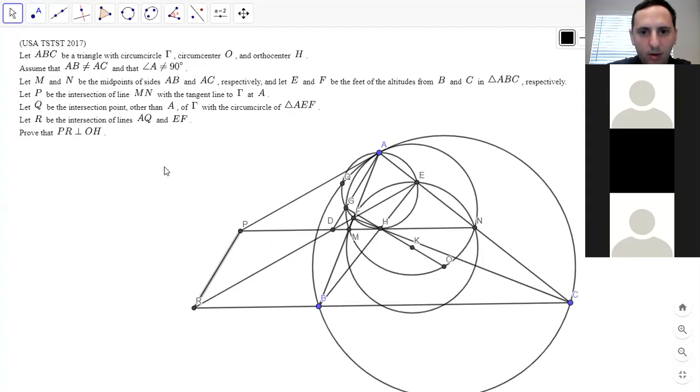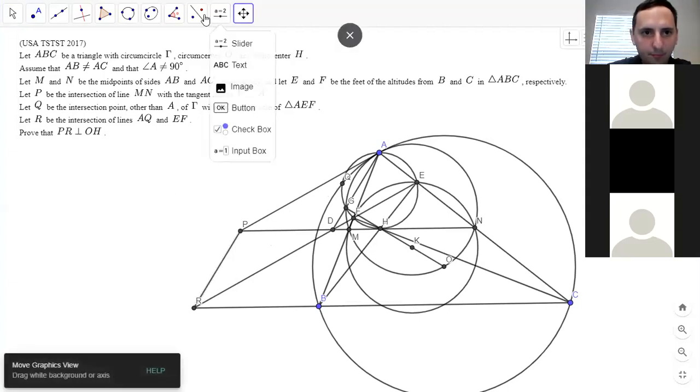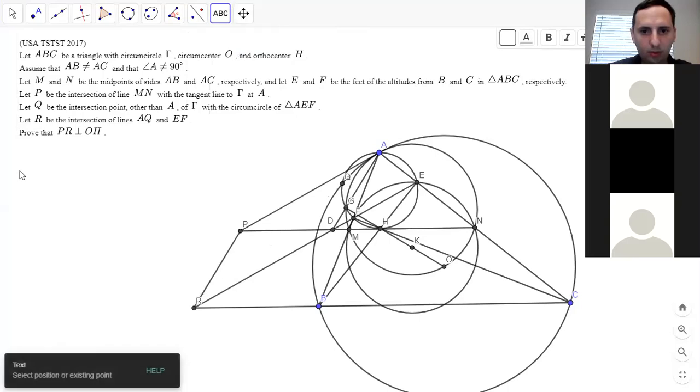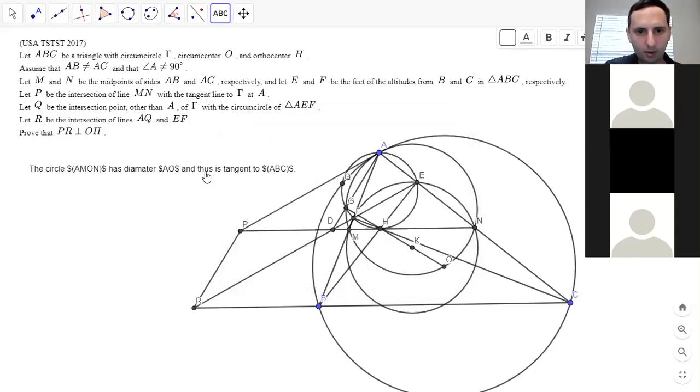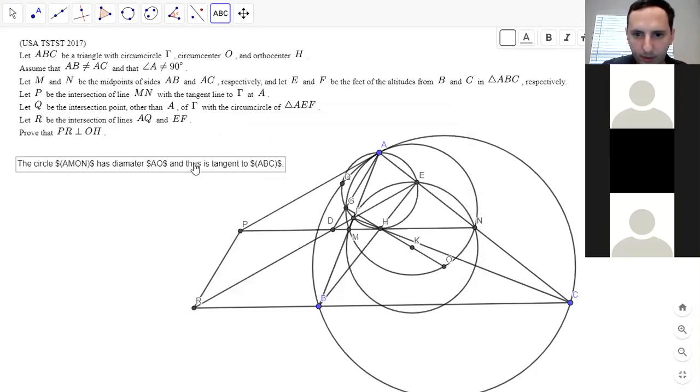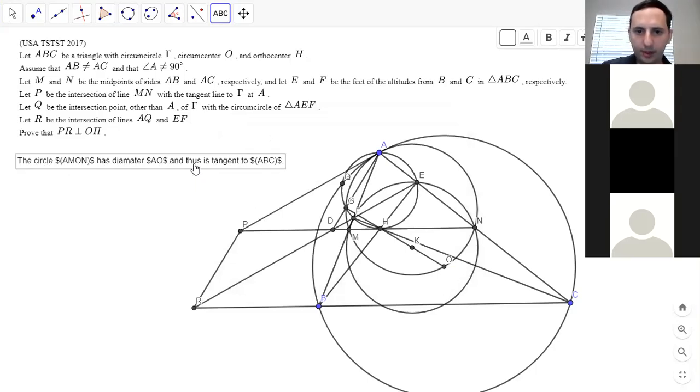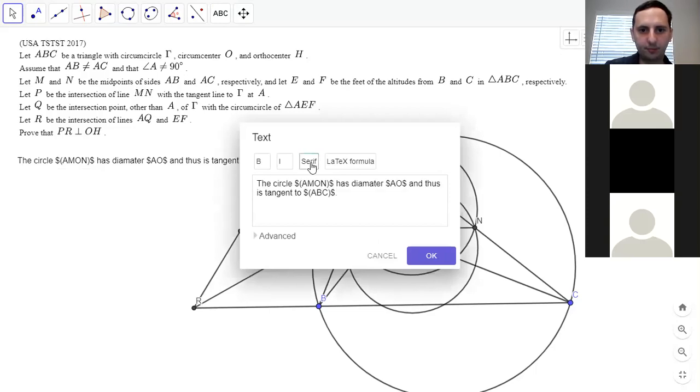So the circle AMON has diameter AO and is tangent to ABC. So we have PA squared is PM times PN.